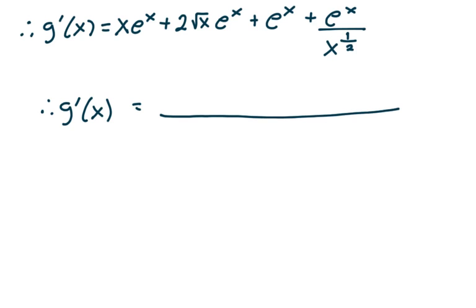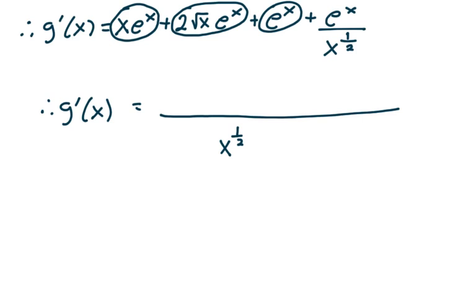Now, in the denominator is x to the 1/2, right? And so I'm going to multiply the first 3 terms up here by x to the 1/2. So x times x to the 1/2 is x to the 3/2 e to the x, right?